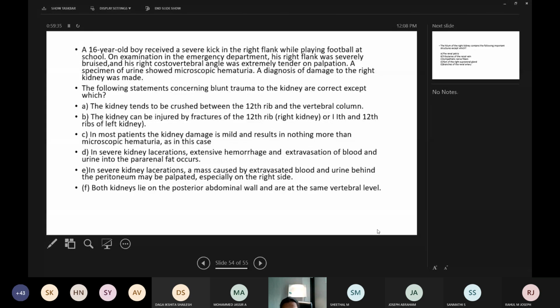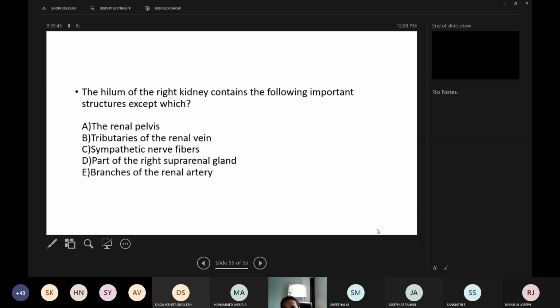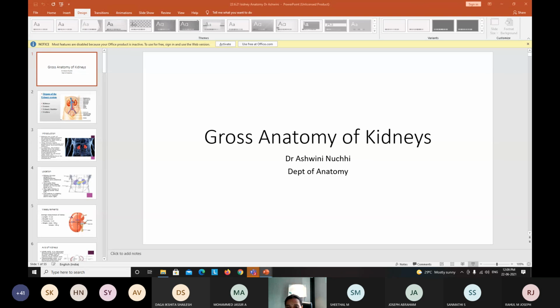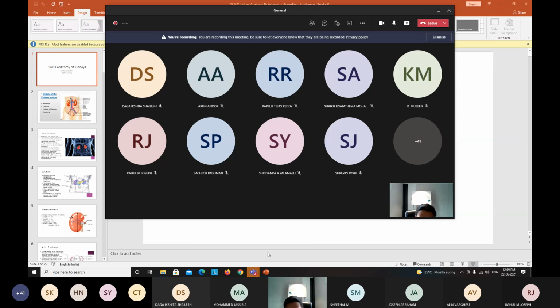One more question was there. I'll just skip it. I'll conclude with this about the anatomy of the kidney. So this is about the anatomy of the kidney.